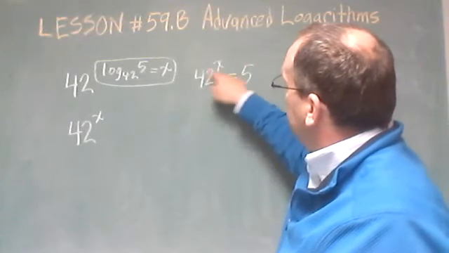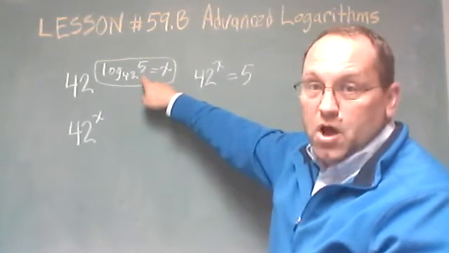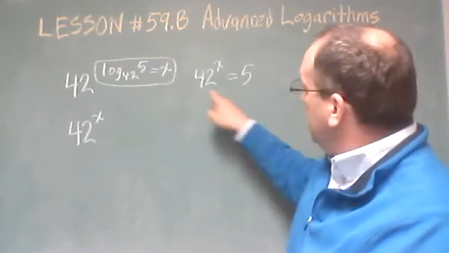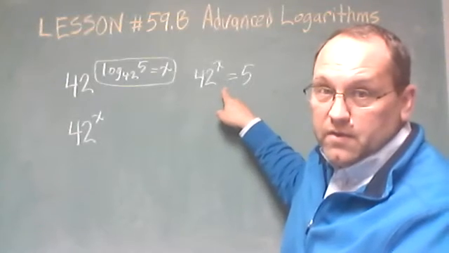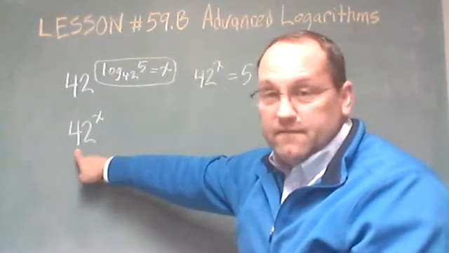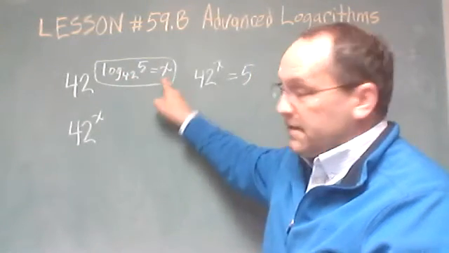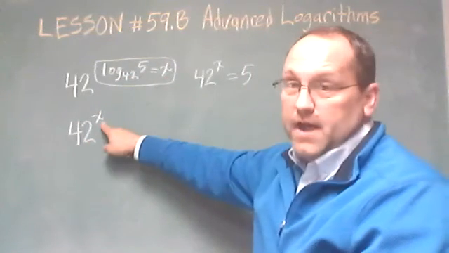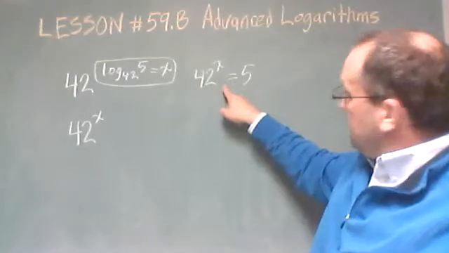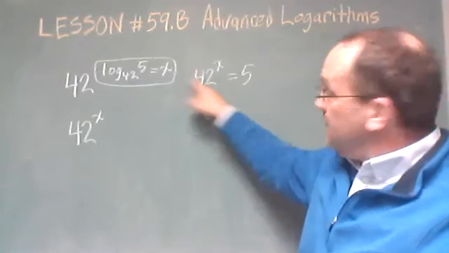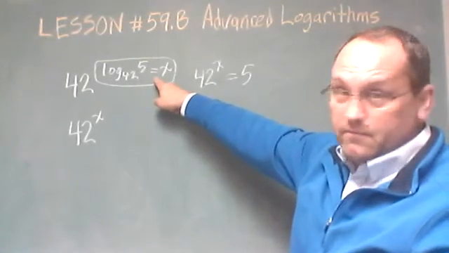So 42 to the x equals 5. That's what this logarithmic expression means in exponential form, okay? Well, that's what I have expressed here. I've replaced that logarithmic expression with x. So I have 42 to the x. Well, what is it? Right over here, I've defined it according to this logarithm. It's 5.